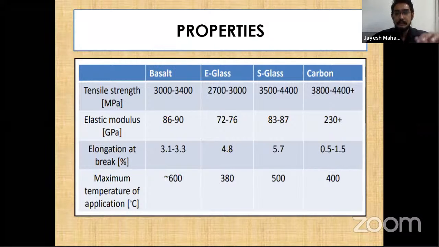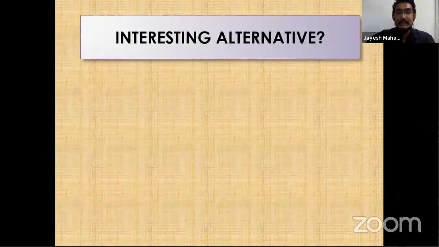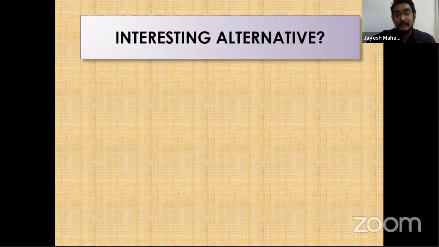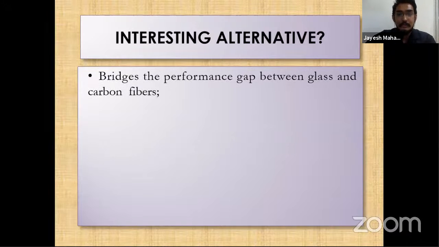In fact, all the properties for that matter: elastic modulus, elongation at break, maximum temperature at application. Basalt comes between glass fiber and carbon fiber. I found this a very interesting alternative that we can use in Formula Student.